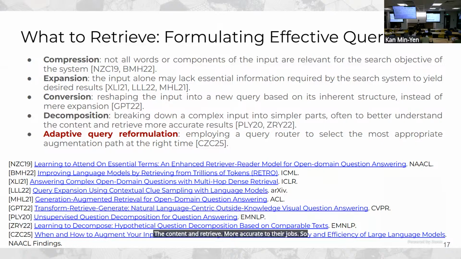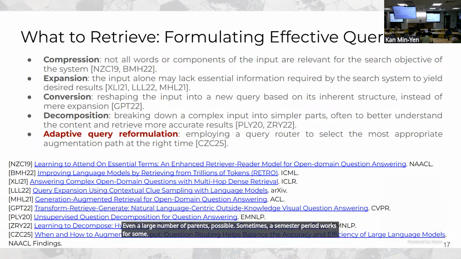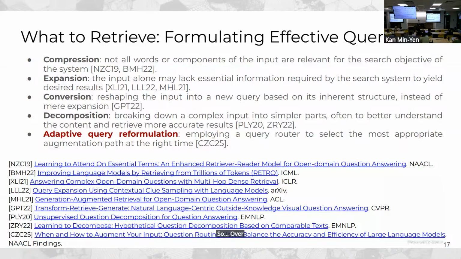So we listed four specific strategies. If we recall the previous papers we introduced, given a large number of queries, sometimes a specific strategy works for some queries. So overall, we prefer adaptive query formulation.